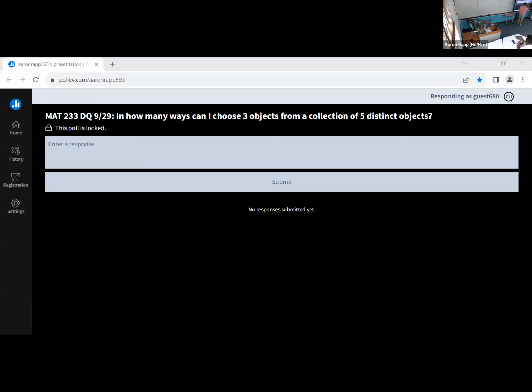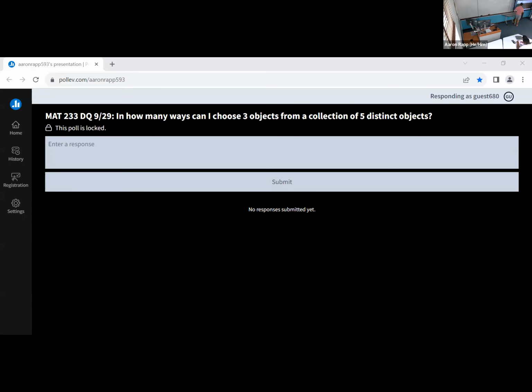So we do this. This is going to be 5 times 4 divided by 2, which is 10. Because I am permutating these 2 choices that I make, order does not matter.